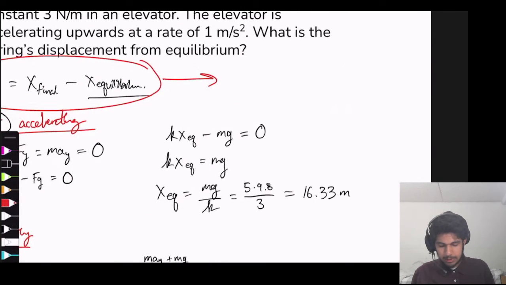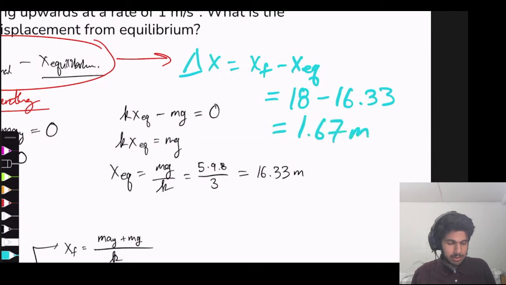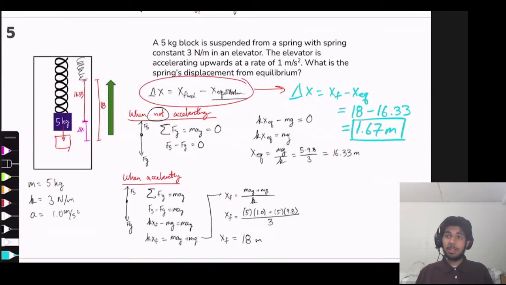So delta x is equal to xf minus xeq. That's going to be equal to 18 minus 16.33, which is equal to 1.67 meters. And that's our answer.